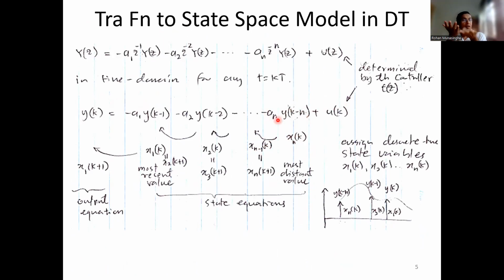So let's say you had 1,000 rupees in your pocket 2 days ago, and that is like y(k minus n), 2 days ago, as of today. Now, what about tomorrow? Tomorrow is Monday. So when you go to tomorrow, you can say you had 1,000 rupees 3 days ago.